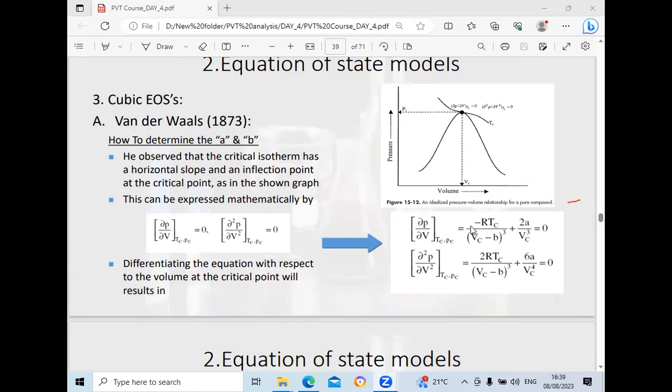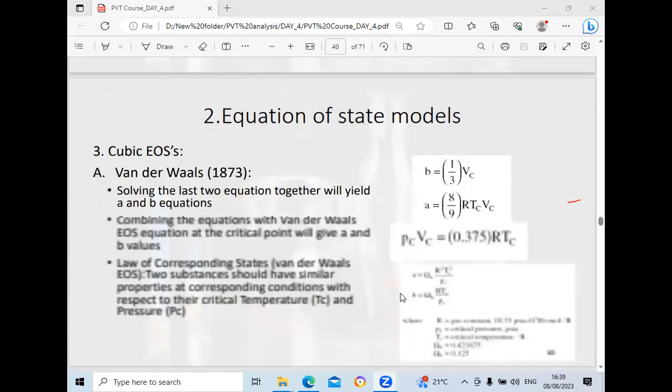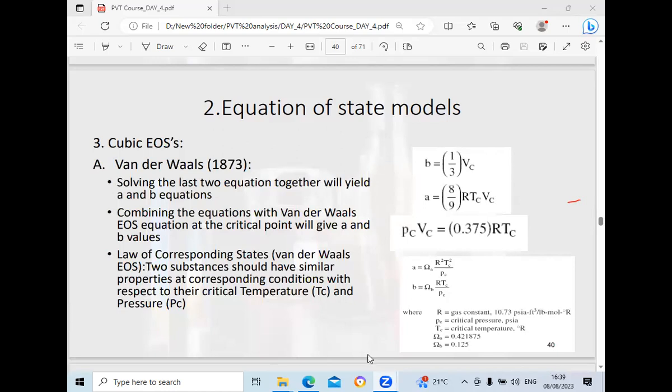From there, we can solve these two equations to calculate the values of A and B. All right, so that's for the van der Waals. Then they have simplified it to tell us that this is the value of A and B.